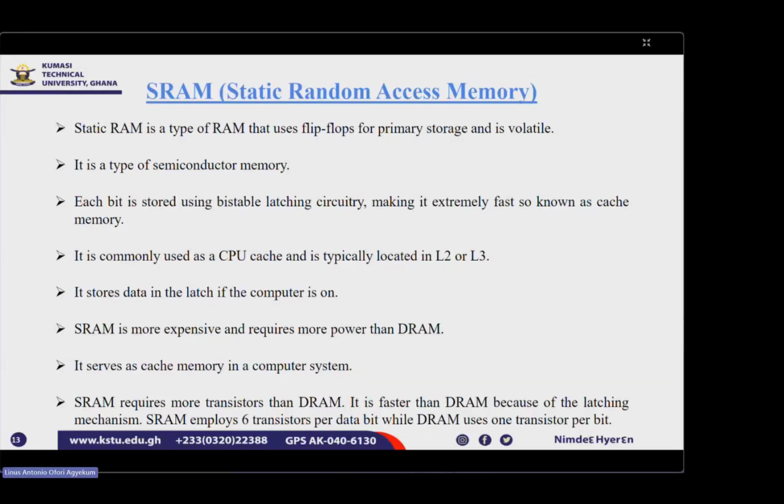It is also faster than the dynamic RAM because of that flip-flop in its design, which gives it that latching, holding-on capability. For every data bit, the SRAM would need 6 transistors, while the dynamic RAM will use just 1 transistor per bit.